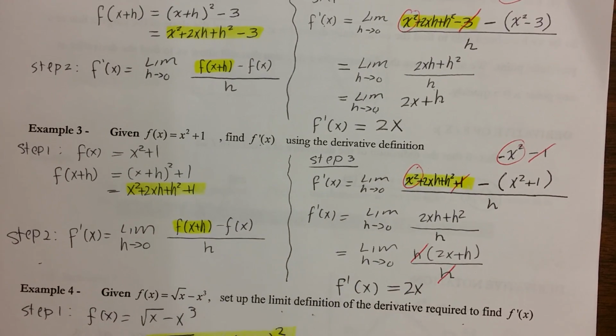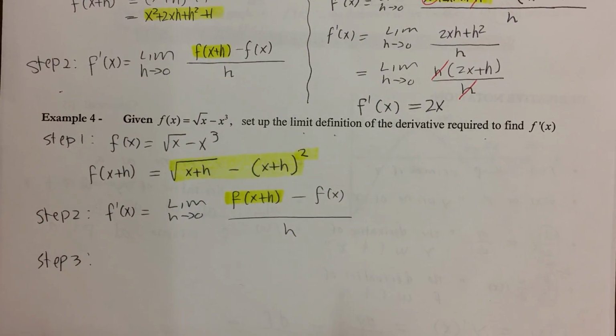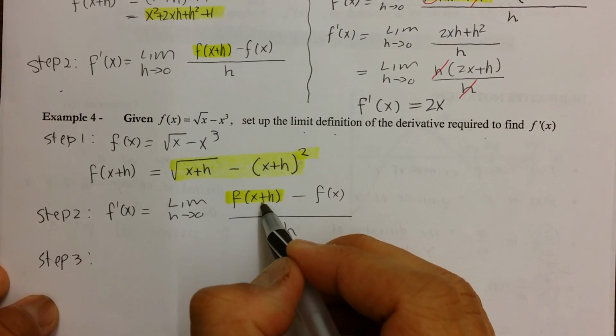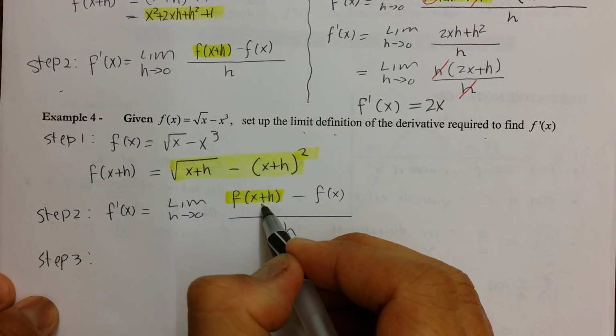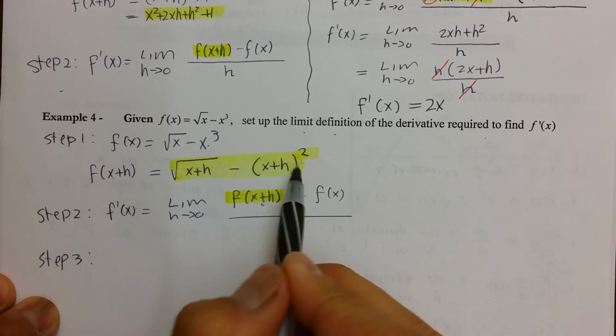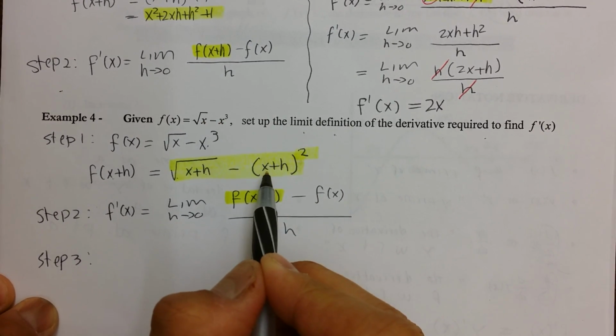So you have to replace that in. Sorry guys, I didn't give you time to copy that down. So pause the video, copy those down. Take that and plug it in there. This is f of x. f of x plus h means you replace x by x plus h. x gets replaced with x plus h.